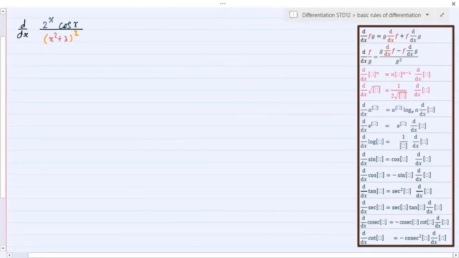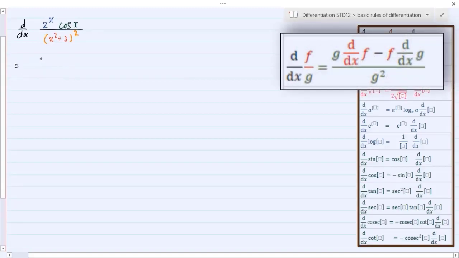d by dx of 2 raised to x into cos x upon x square plus 3 the whole square. First of all, we have two functions in a ratio. So initially we have to apply the division rule. And according to the division rule, your denominator, which is x square plus 3 the whole square, will be as it is.